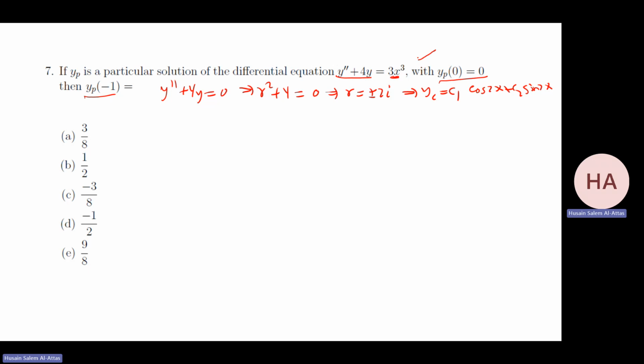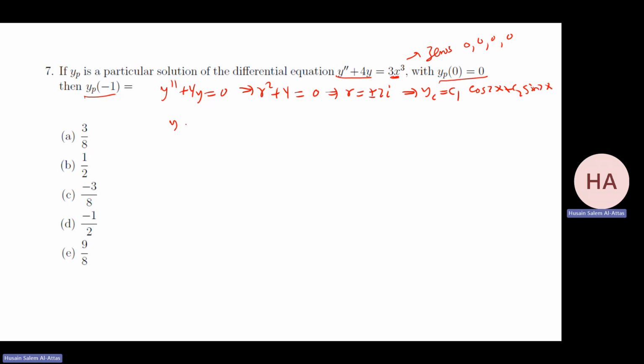Okay. Now, if you look at this, the y_p form, what are the zeros here? The zeros will be 0, 0, 0, 0. For x cubed, I have 1, x, x squared, x cubed, so I have 4 zeros.